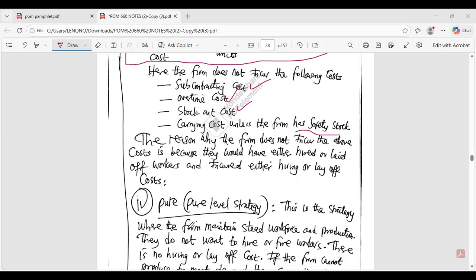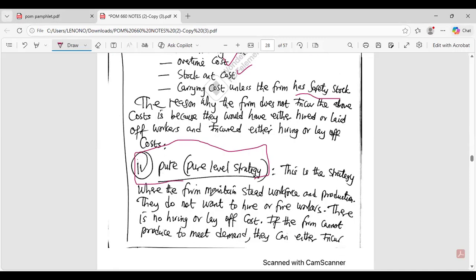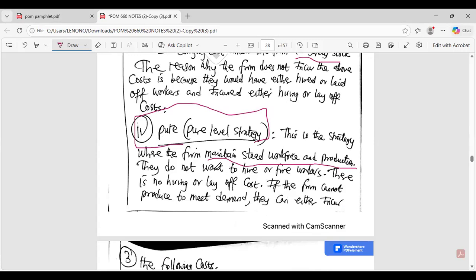Then the other strategy is the pure labor strategy. The pure labor strategy is a strategy where the firm maintains a steady workforce and production. They do not want to hire or fire workers. So there is no inventory, and there are no hiring and layoff costs for this strategy.